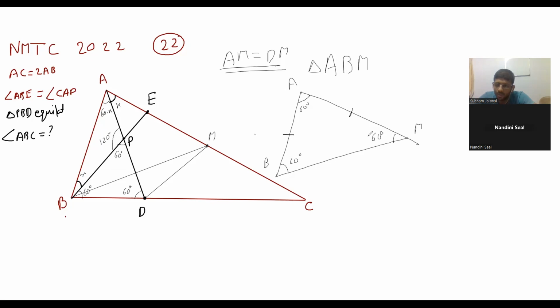Yes or no? Right? Yes, sir. It becomes equilateral. And so we were given one equilateral triangle, but now we have another equilateral triangle.